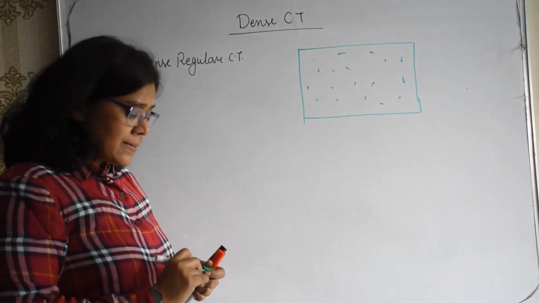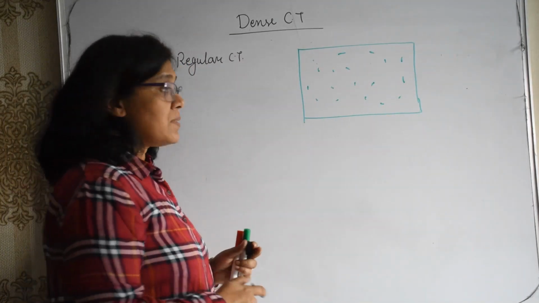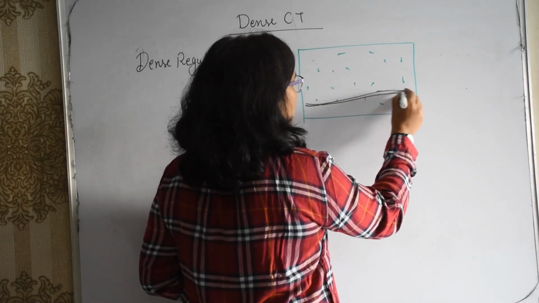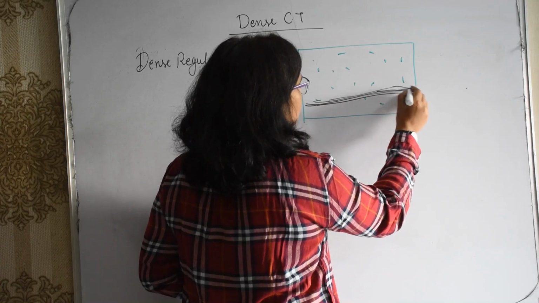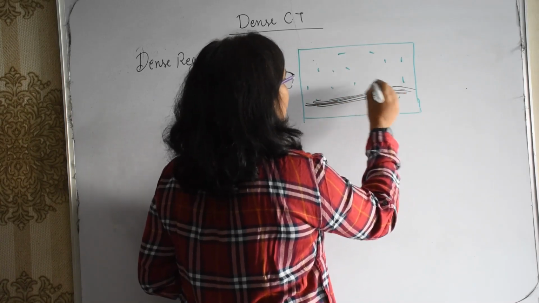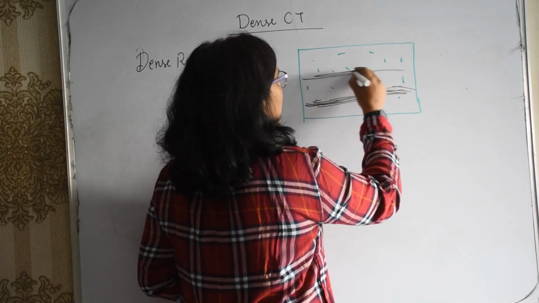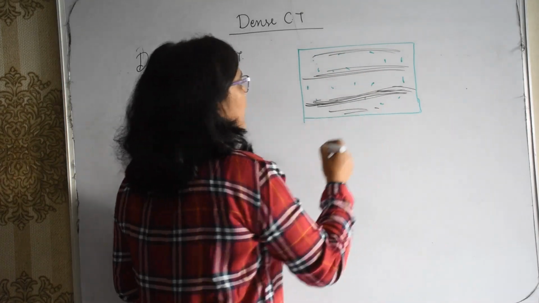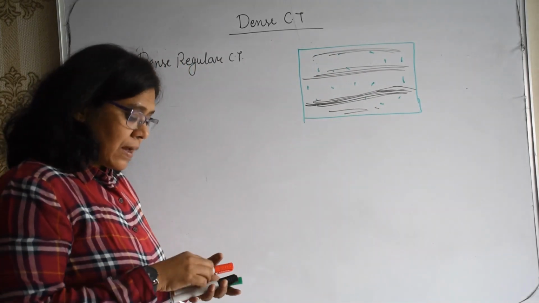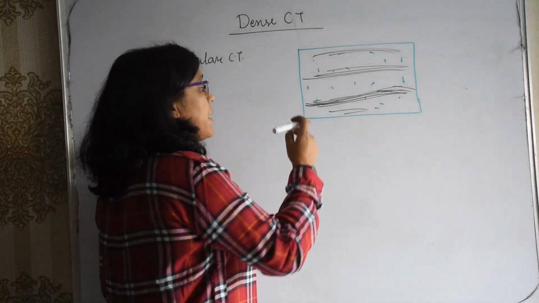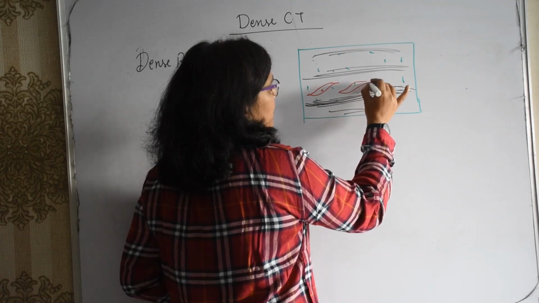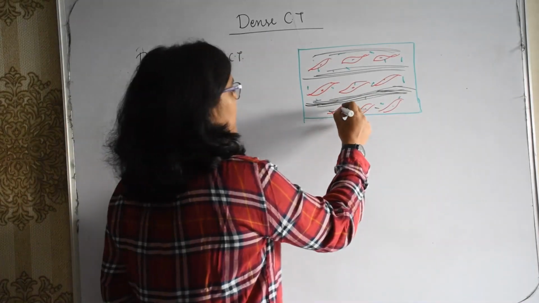In the matrix, the fibers are arranged in bundles, and fibroblast cells are present in rows between the bundles.